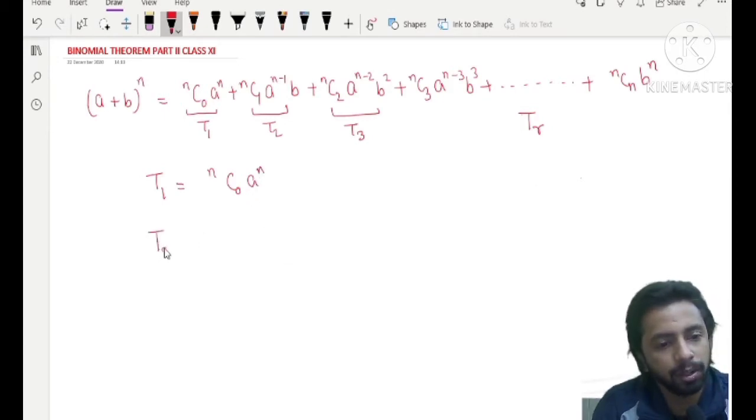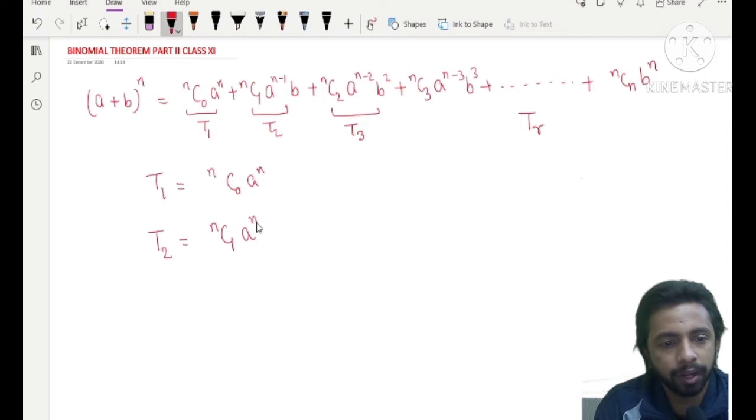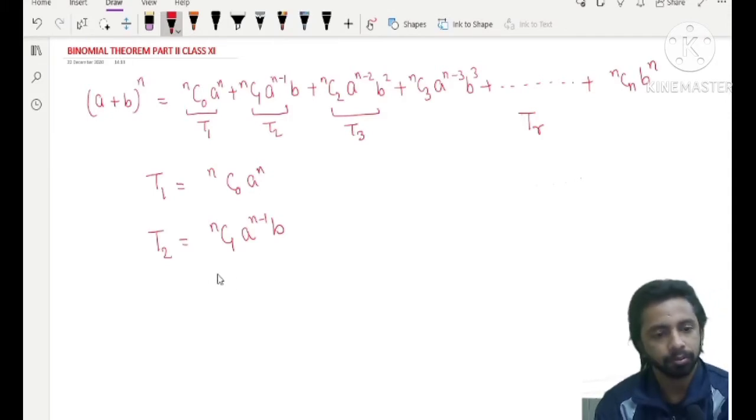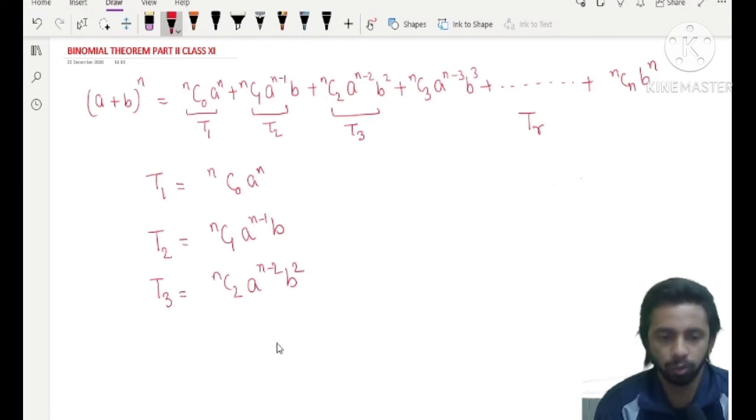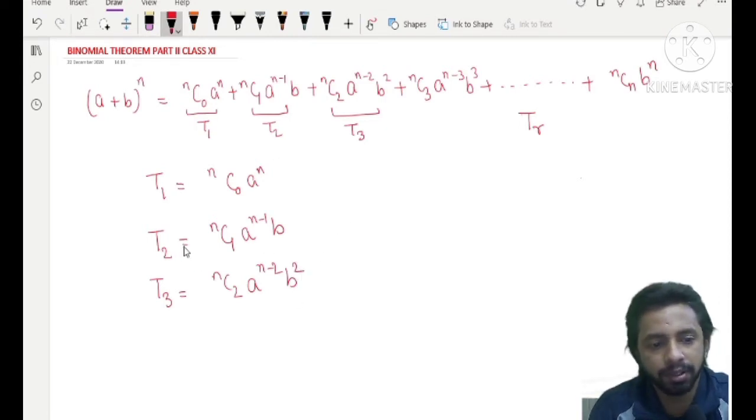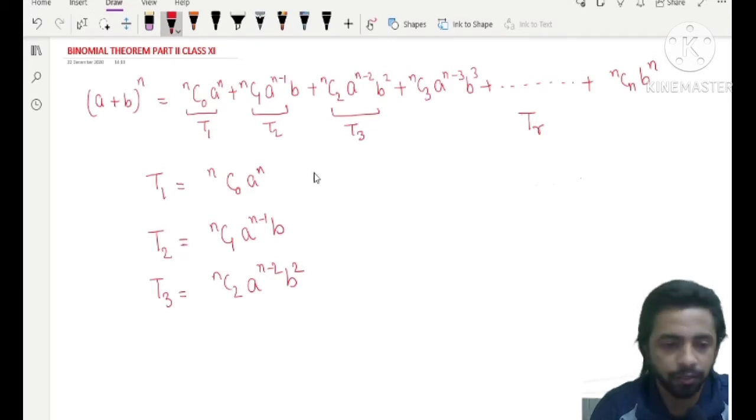If I talk about the second term, it is nC1 a to the power n minus 1 and b comes for the first time, b raised to the power 1. t3 is nC2 a to the power n minus 2 b to the power 2. So can we find any general way of representing the terms? Yes, of course we can.